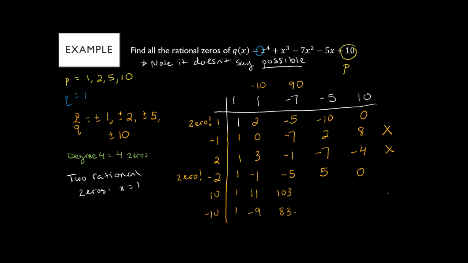X equals 1 and x equals -2, because those are the 2 that came out to 0 when we went through this process. So it's a lot of kind of guessing and checking, but it's better than guessing randomly. You have at least a list of numbers to choose from.